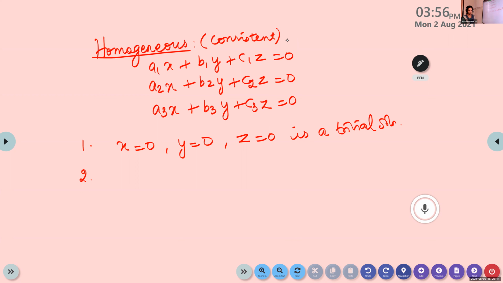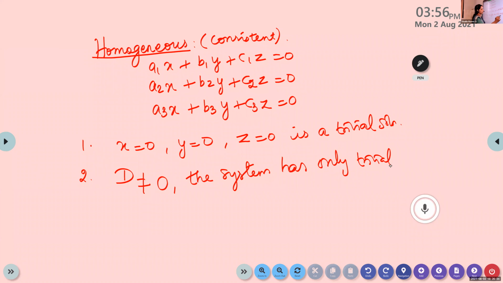For that, we find out D. If D is not equal to 0, then the system has only the trivial solution.